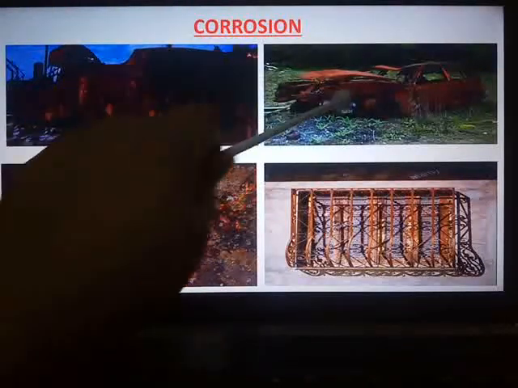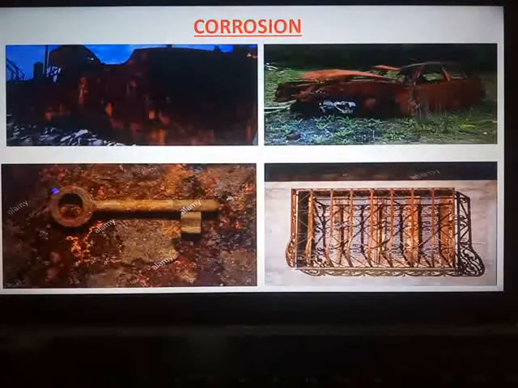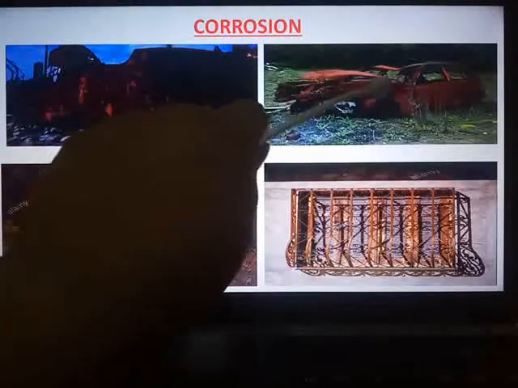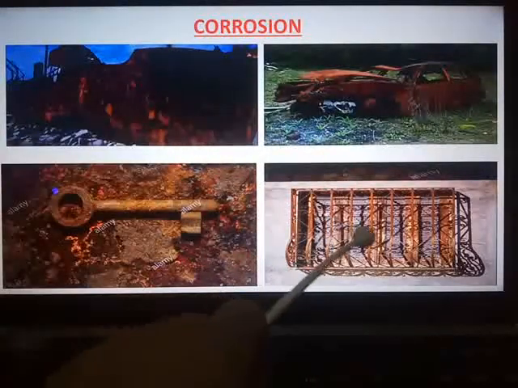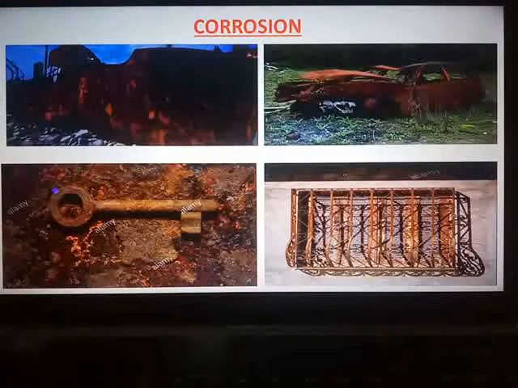This old vehicle has lost its shine due to the formation of this reddish colored rust on the surface of iron metal. A reddish colored solid layer collects on the metallic surface, here it is iron grills, and this layer is called rust.